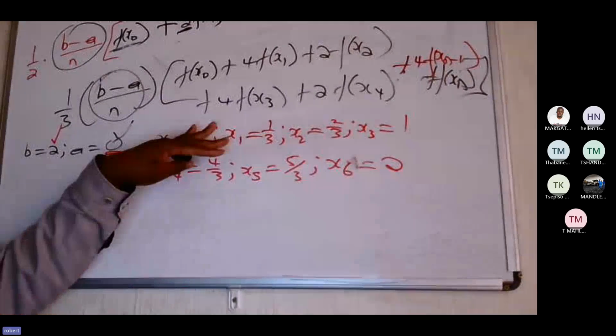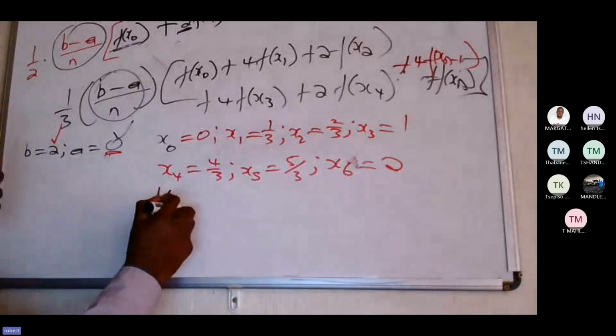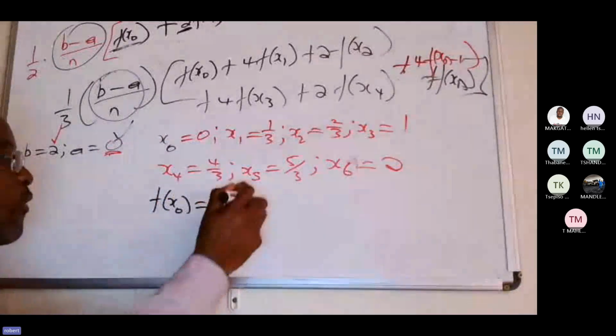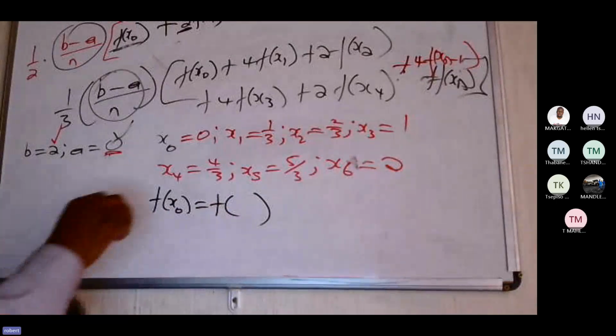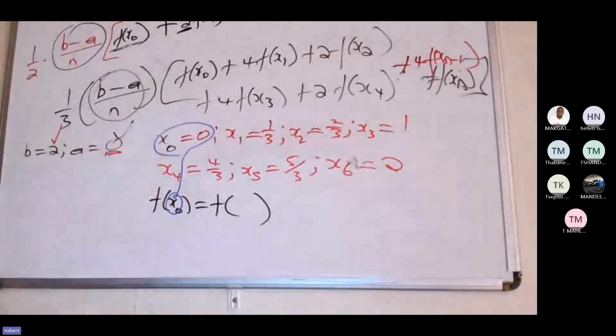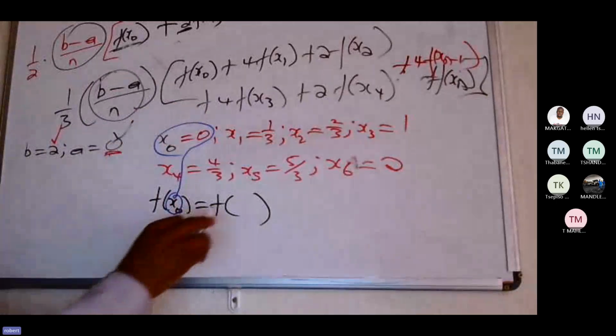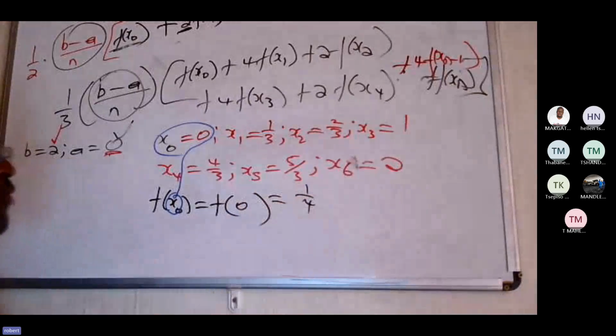Because these are the abscissas, you must still calculate f of x0. What is x0? We know x0 is 0. The same story. Then it will be this, which we know is 1 over 4.